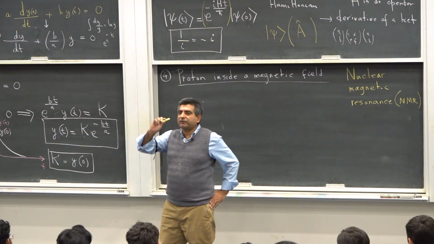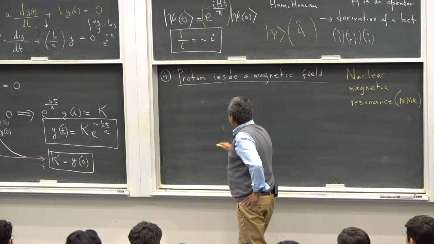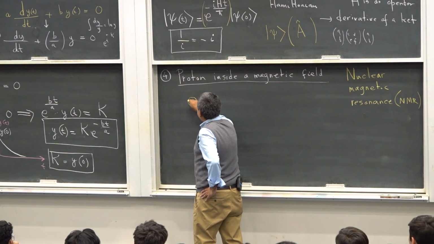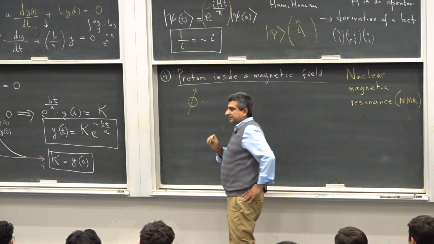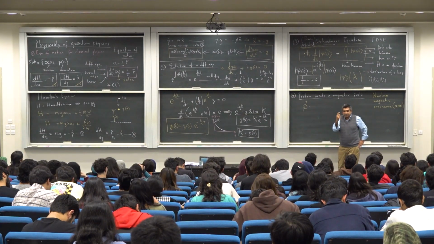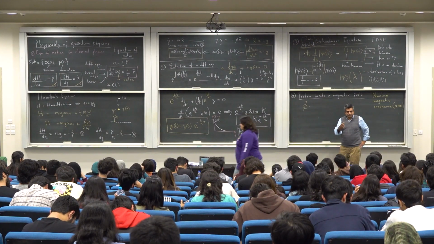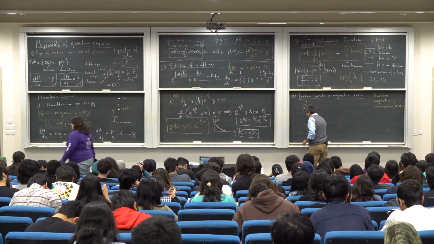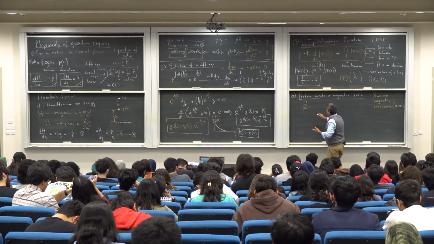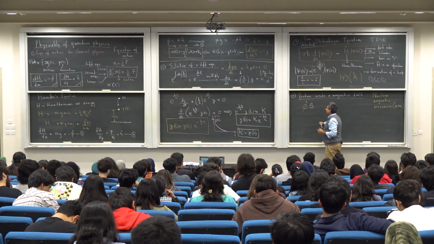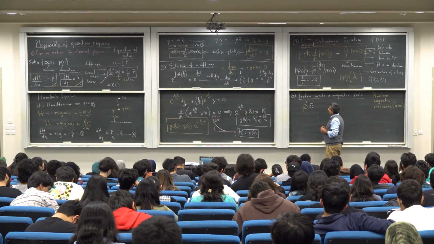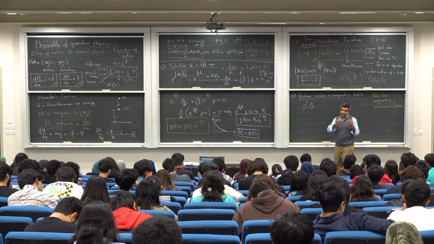Now if you recall from our earlier lectures, this is just a cartoonic representation of a proton. A proton has a spin. It's not spinning, but it has a quantum mechanical property called spin. Let's call the spin S. Associated with the spin, there's a magnetic moment.